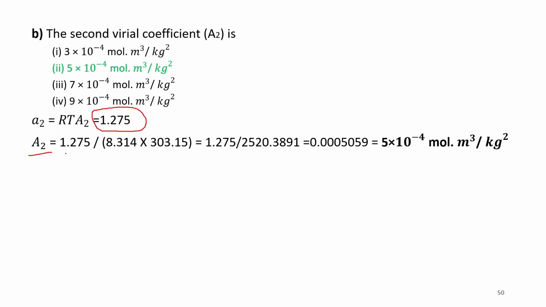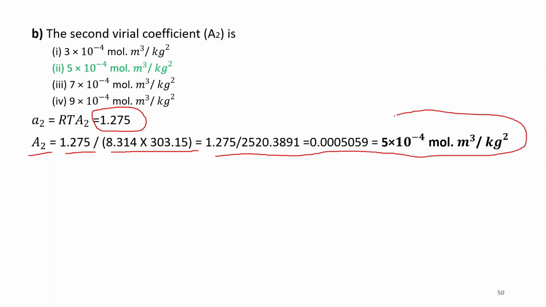So the second virial coefficient is 1.275 divided by 8.314 multiplied by the temperature, 30 degrees Celsius or 303.15, and its value is 5 into 10 to the power minus 4 mole meter cube per kg square. So the second option is correct.